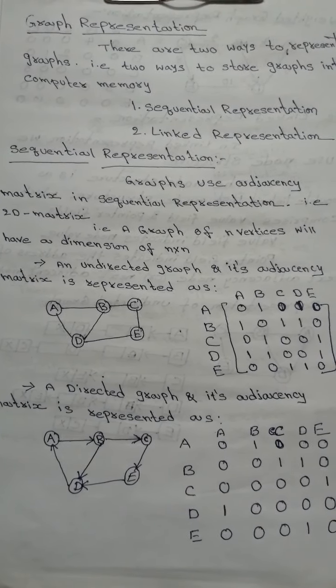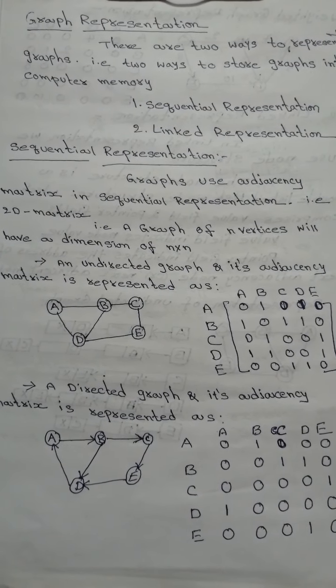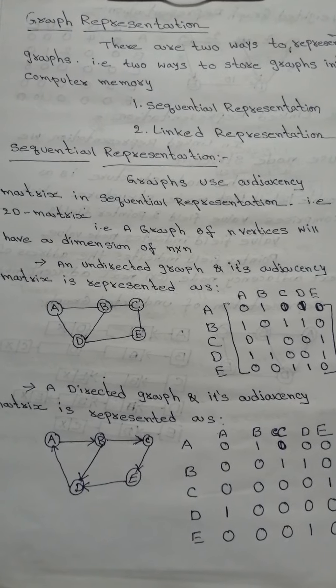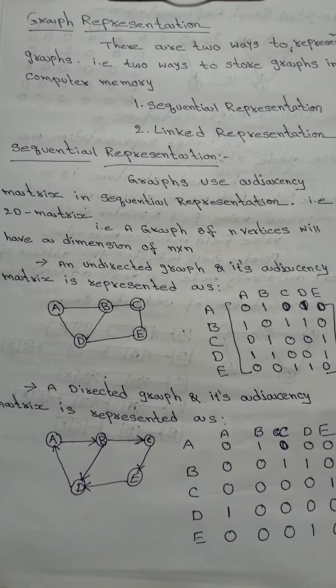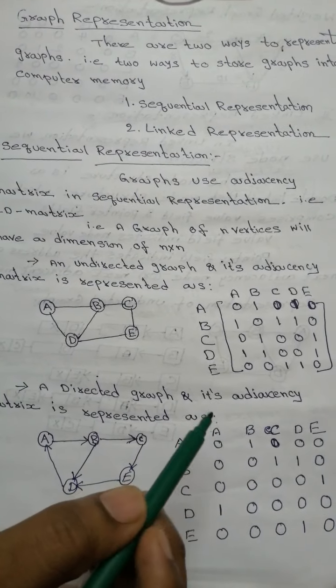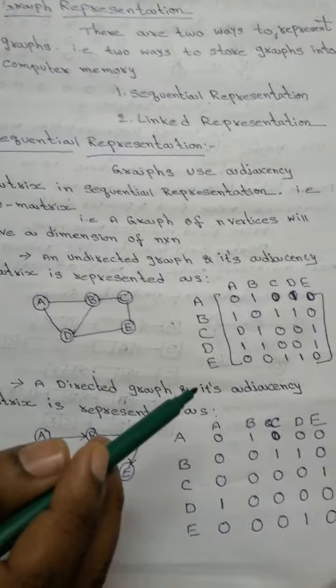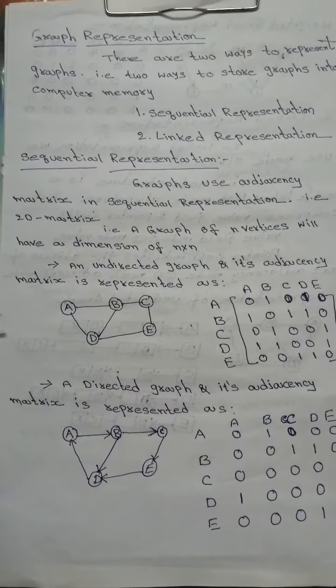Coming to sequential representation, graphs in sequential representation are represented by using an adjacency matrix. That is why we call it an adjacency matrix.